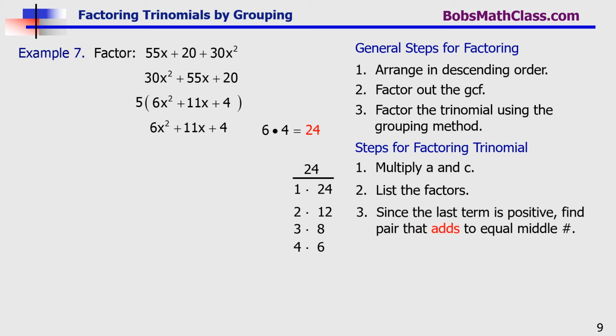The last term is positive, right? The 4 is positive, so we want to find the pair that adds to equal 11. Which pair will add to equal 11? Right, the 3 and 8.